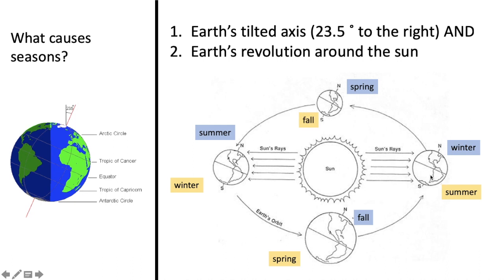As the Earth moves around the Sun to this point right here in the year, now we have where the Earth is still tilted in the same exact direction of the 23.5 degrees to the right.